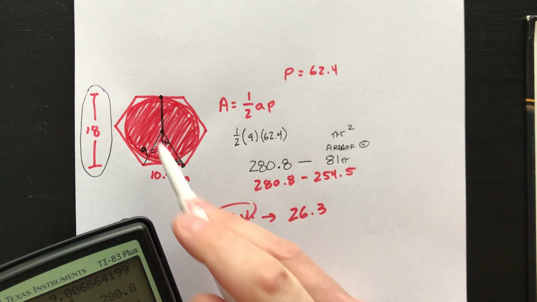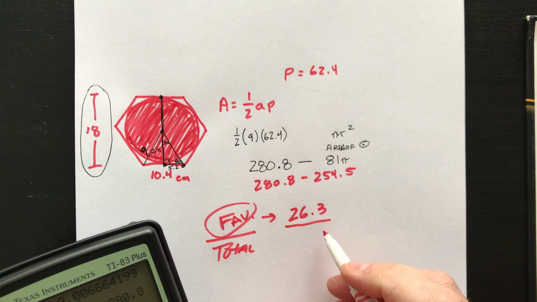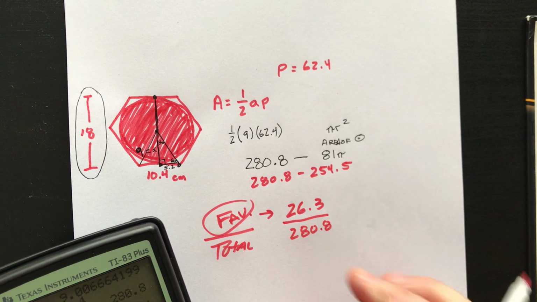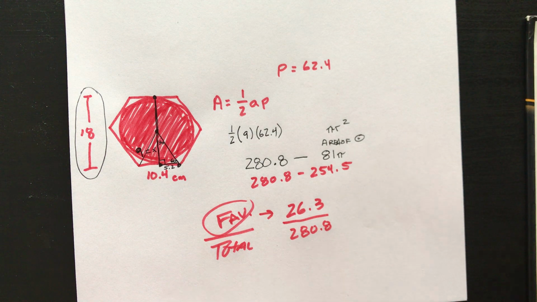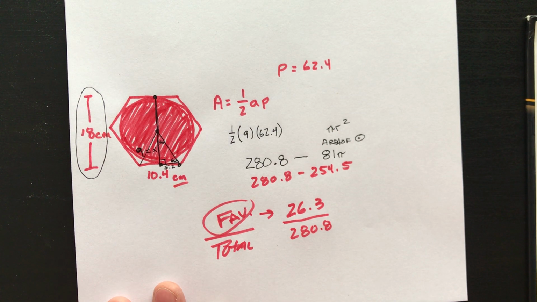We already found out what the total is. The total is the entire hexagon. So it's 26.3 divided by 280.8. Now, we always have to be using the same units. Here we got centimeters. I forgot to write centimeters there. So we're good to go.